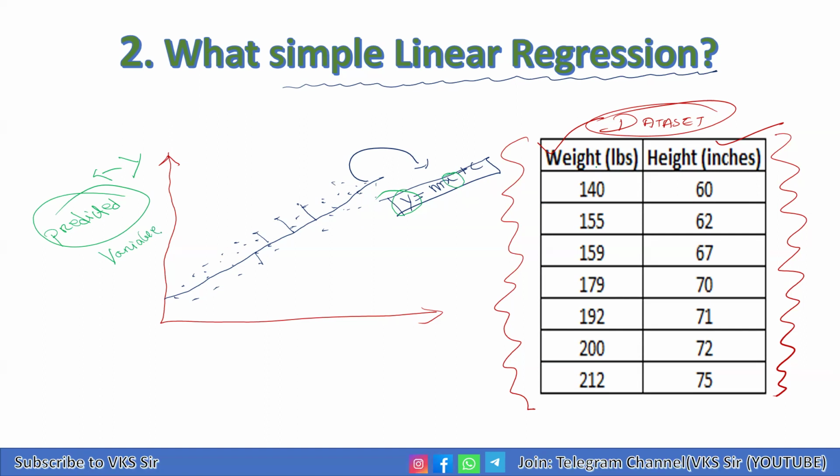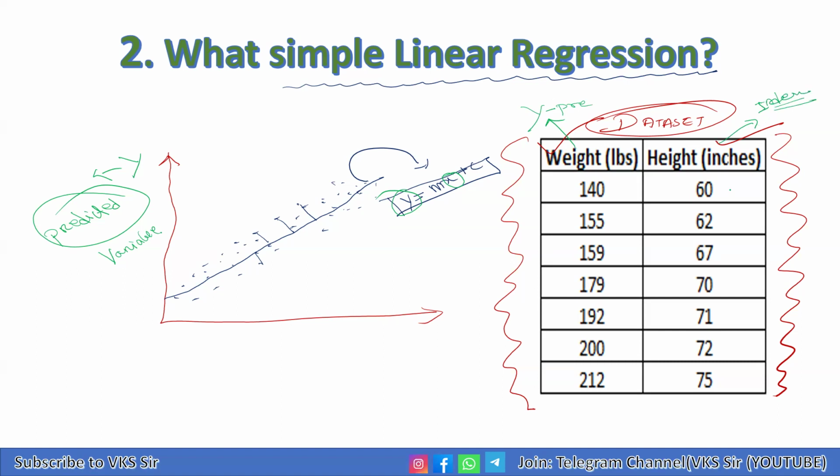How many features do we have now? We have only one feature, the independent feature. So here, y is the predicted part, and this x is the independent part, the X feature.